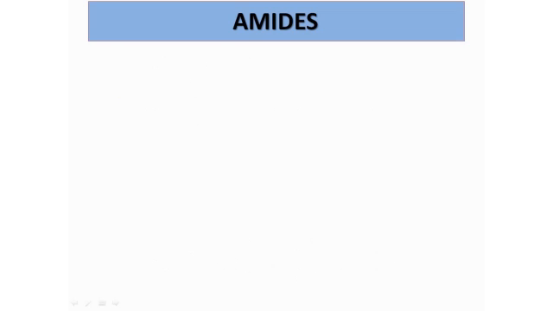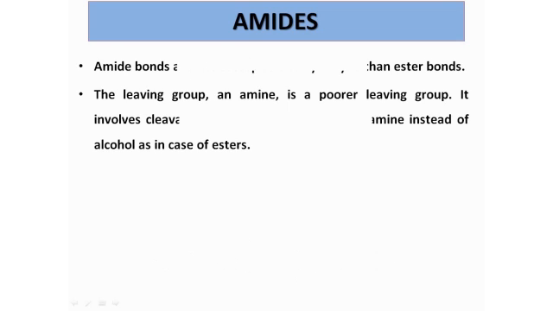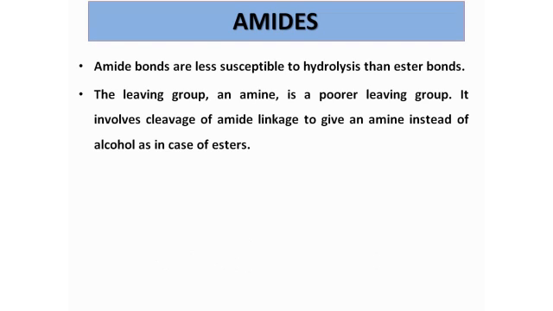The next one is the amides. Amides are less susceptible to hydrolysis as compared to the ester. But yes, they also have the tendency for hydrolysis, though less than that of the ester. Earlier, in the ester, we got one acid group and one alcohol group.